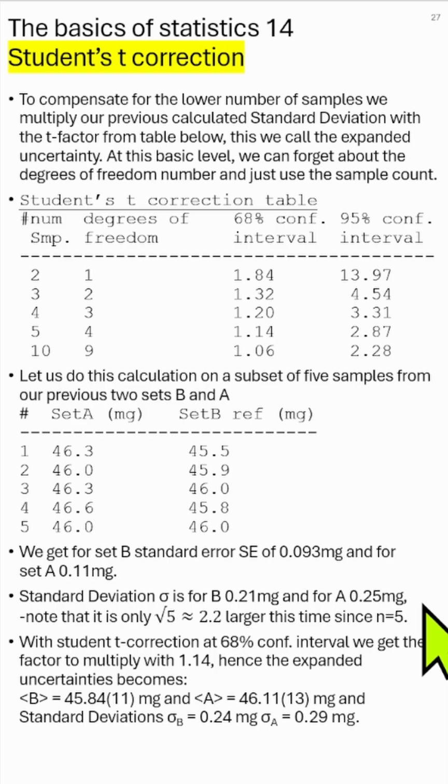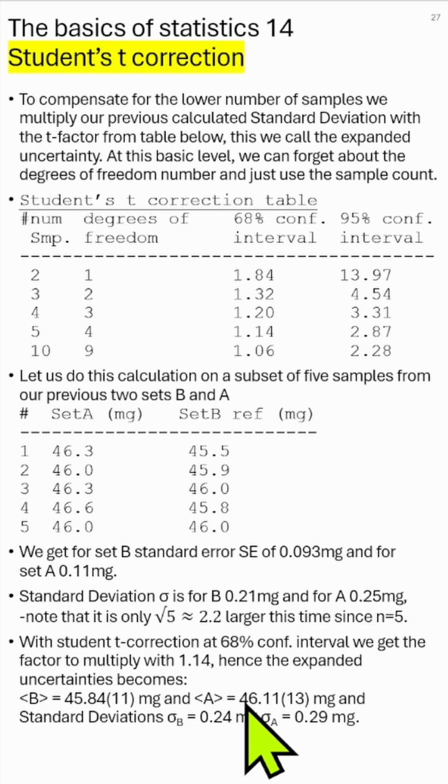So with the student T correction, we can go up in the table. We see for 5 samples, we should use 1.14. That is the factor we should multiply with. That is the student T correction. So if we do that, we get the total answer of the before set's mean value becoming 45.84, and the corrected standard error becomes 0.11 milligram, instead of this 0.093.